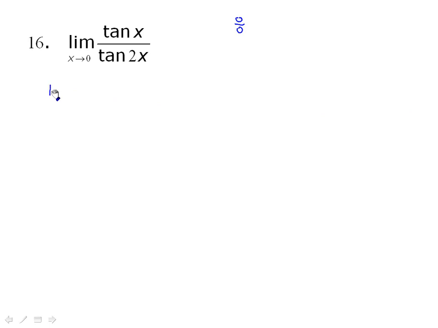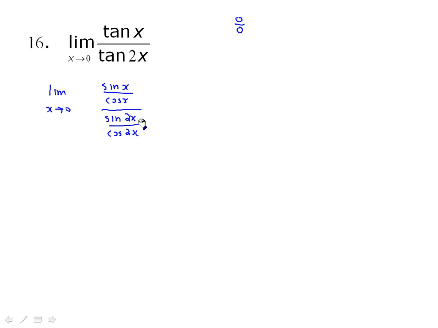So if we really wanted to do the long method on this, we would take that tan x and write that as sine x over cos x, and then at the same time sine 2x over cosine 2x. Now, of course, we cannot cancel those because the argument is different for both of them.